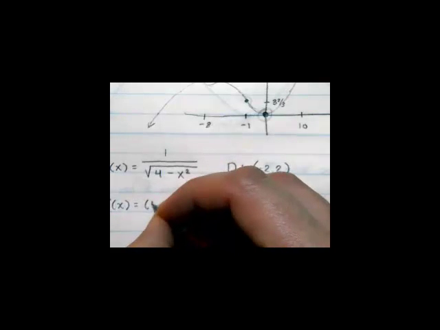Okay, so let's do our derivative here. Now, it might make things a little bit easier to rewrite this equation like that. It's a square root, it's in a denominator, so it's a negative 1/2 power. Now what method can I use to take the derivative?